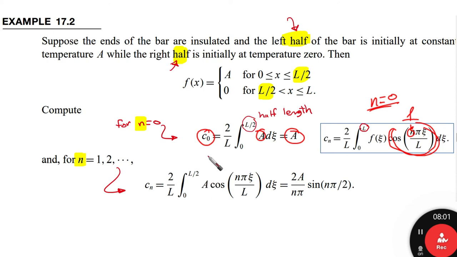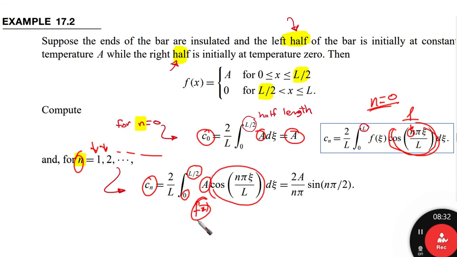And for the case of n equal to 1, 2, 3, which is any positive number, then Cn is going to equal 2 over L, the integration from 0 to L over 2 of A, which is the function that we have here, as if f of x, cosine n pi z over L, dz.